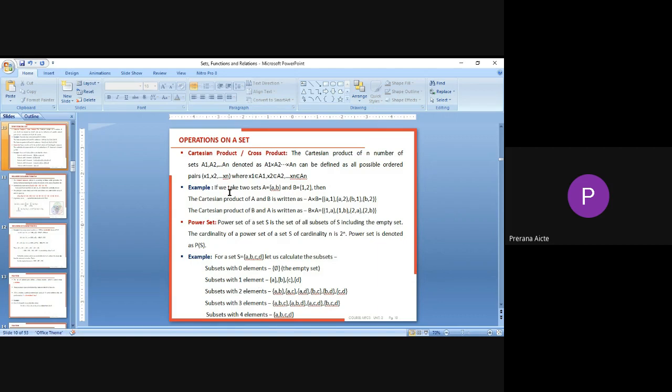Okay. So the next operation is the Cartesian product or cross product.